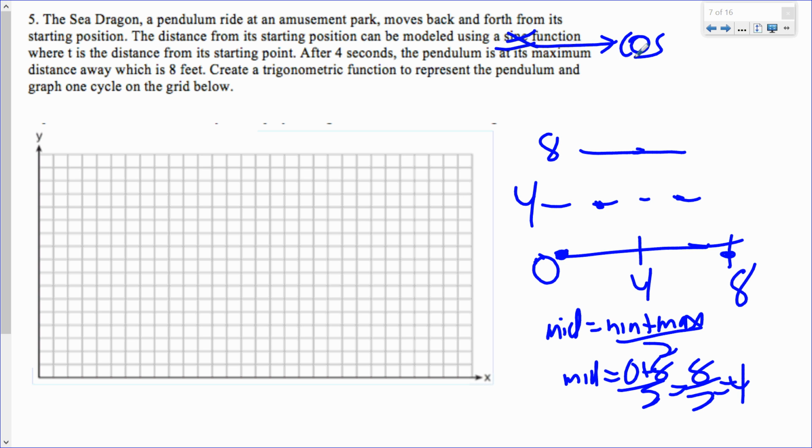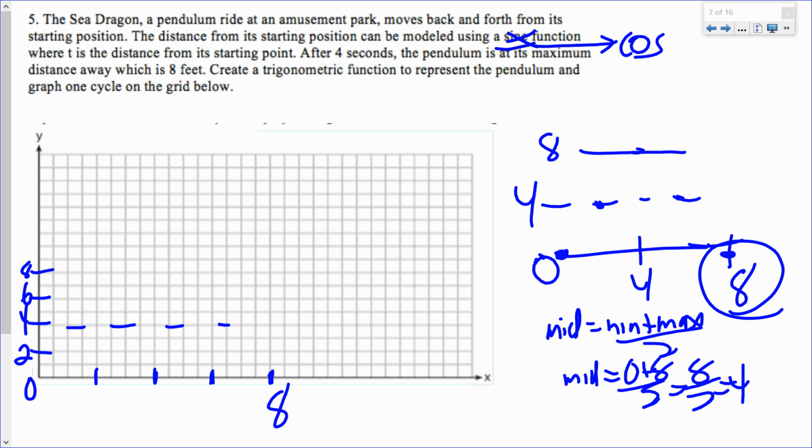So I'm going to go by 1s, 2, 4, 6, 8, 4 dashes on my x-axis. Again, whenever you're doing trig graphs, sinusoidal functions, it's always 4 dashes. The period goes at the end of the 4th dash. Midline, min, max.